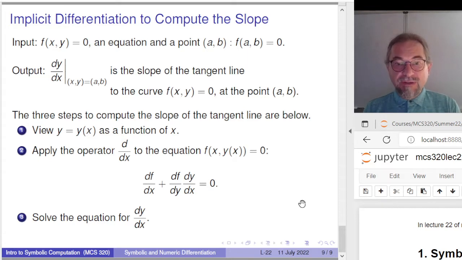Now we can do this very systematically by viewing the y as a symbol y now as a function of x. So we are interested if we change x, what happens with y.